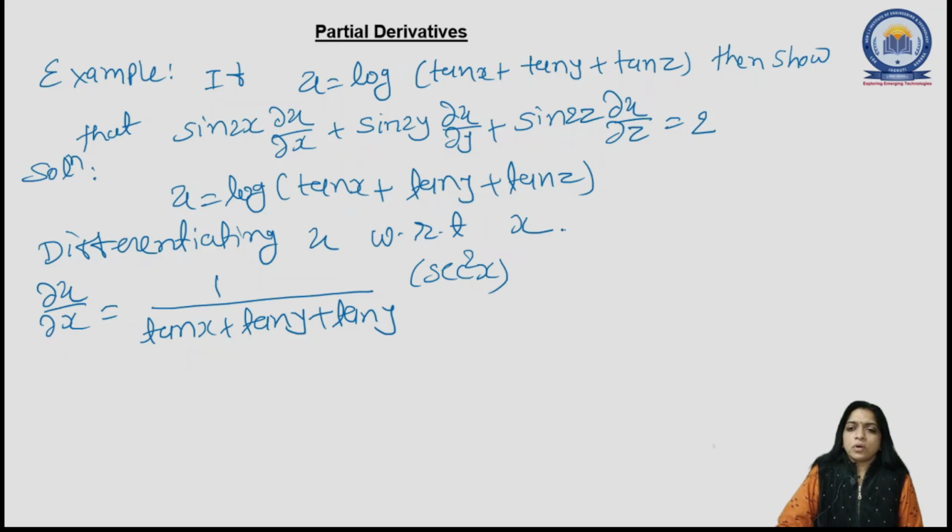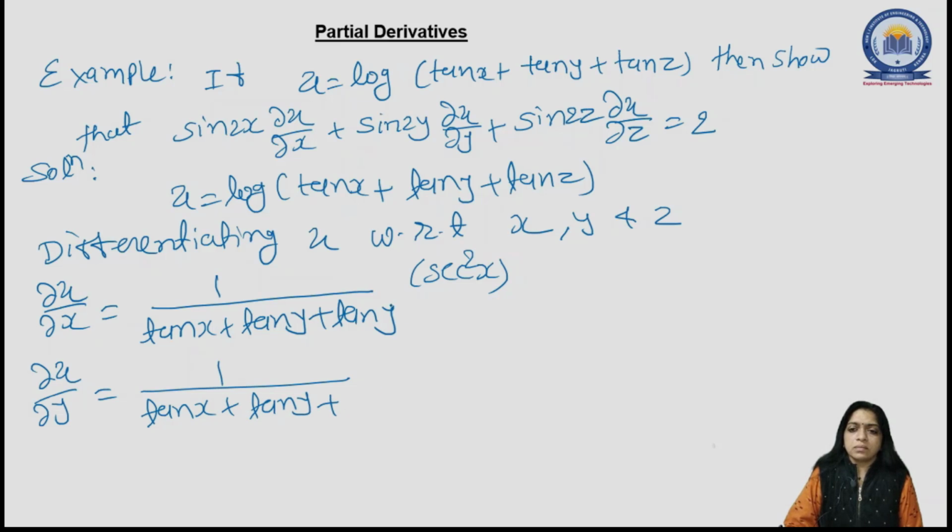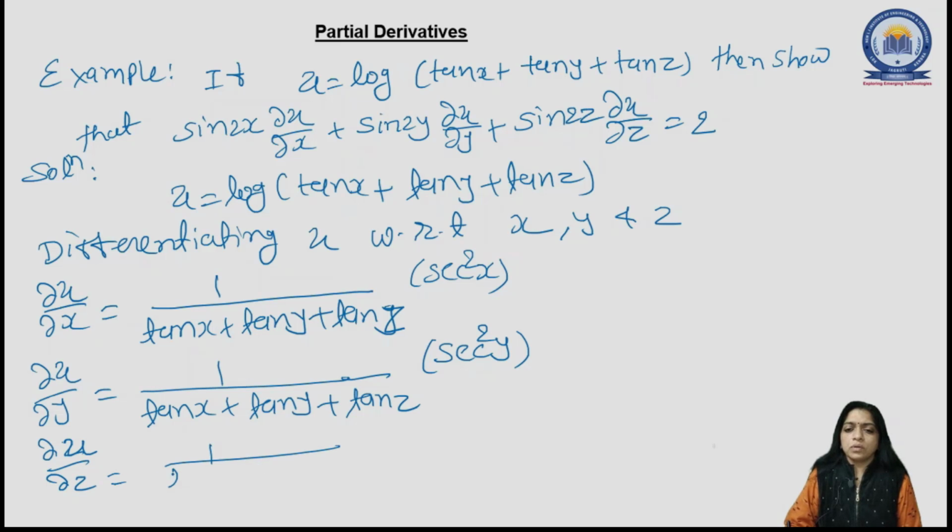Similarly, for the differentiation with respect to y and z, del u by del y is 1 upon (tan x plus tan y plus tan z), and after applying the chain rule this is sec square y. With respect to z, it is 1 upon (tan x plus tan y plus tan z), and after applying the chain rule, the derivative of tan z is sec square z.